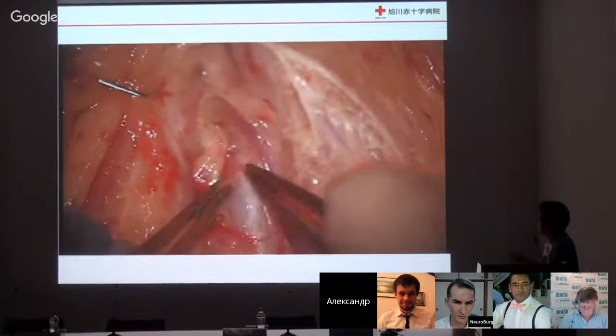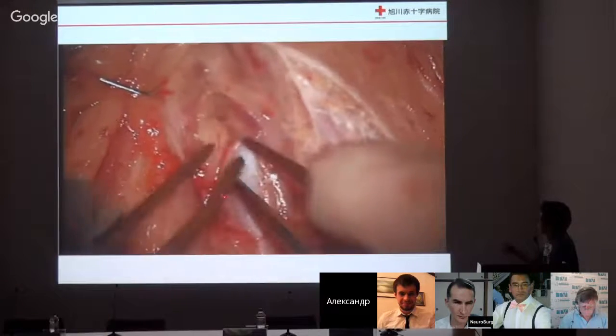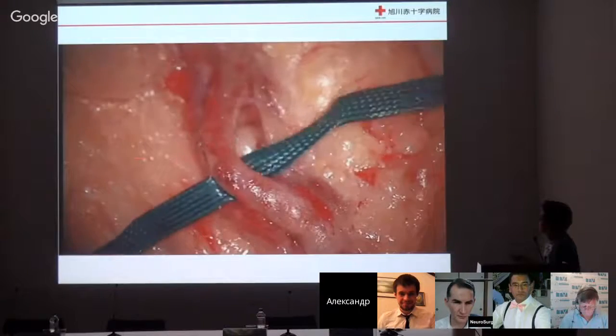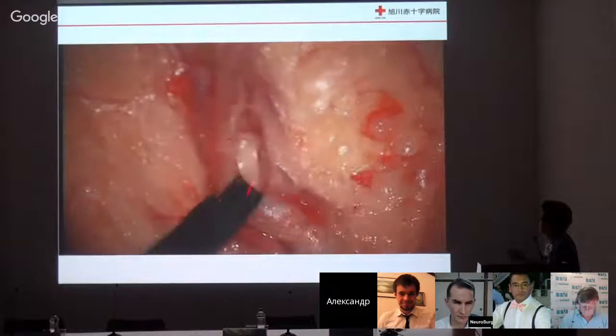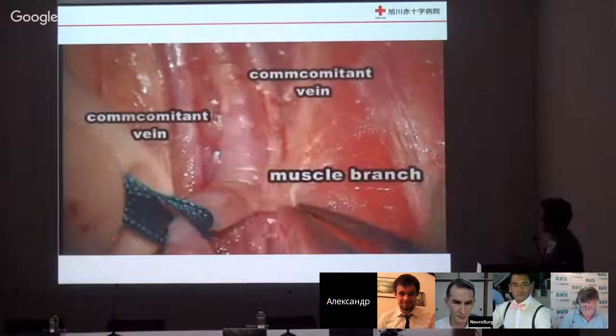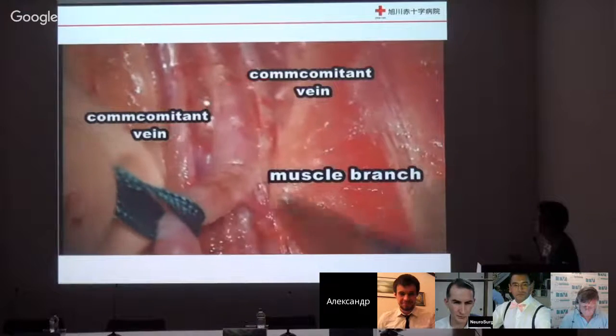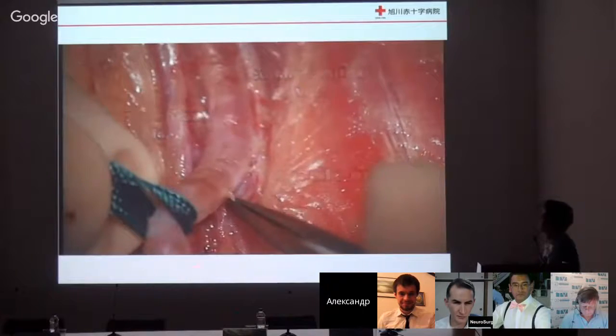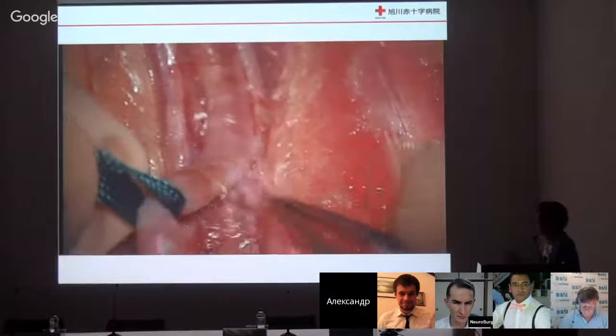Firstly, dissect only the superior wall of the artery from distal to proximal. Then, using vascular tapes, give a slight tension and lift up. Then harvest all the surrounding tissue of the artery.